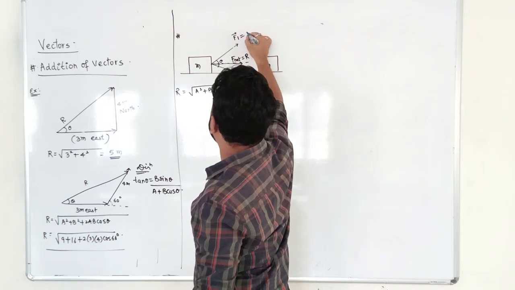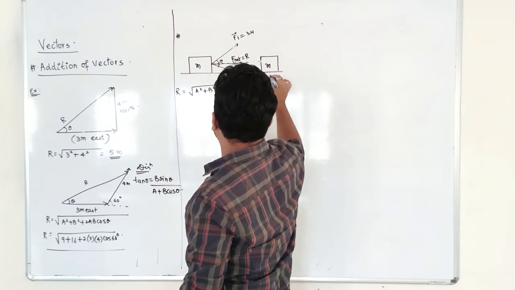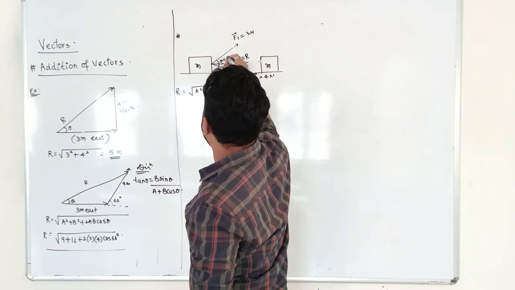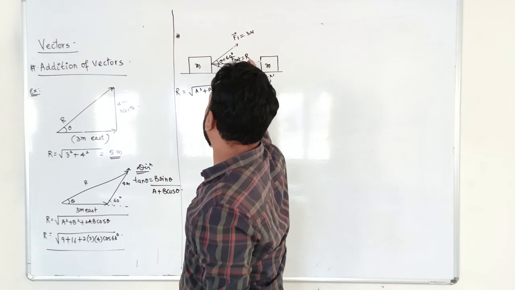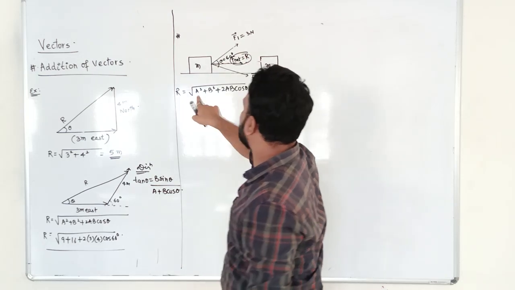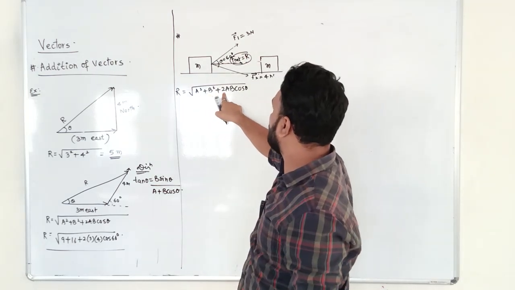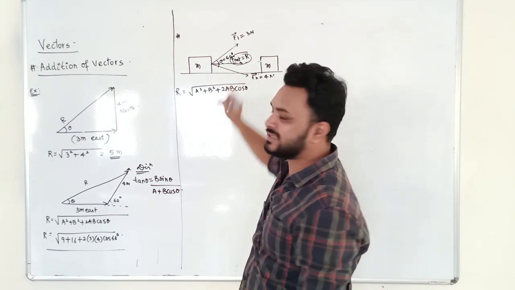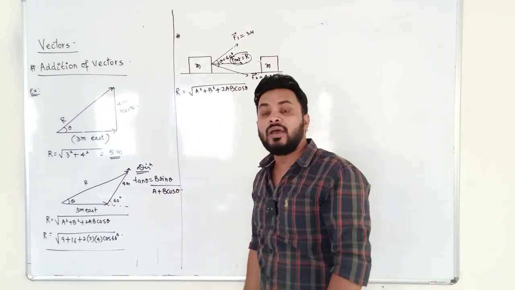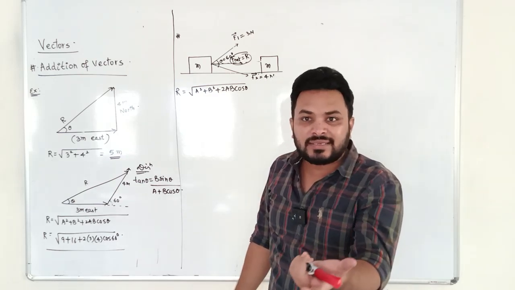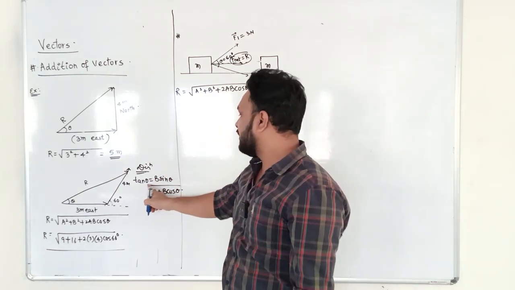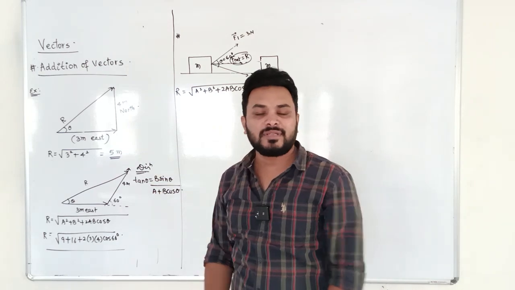Suppose F1 is 3 Newton, F2 is 4 Newton, and theta is 60 degrees. Then F net is 3 square plus 4 square plus 2 into 3 into 4 into cos 60. By this we will understand the resultant. To understand the direction, again tan theta equals B sin theta divided by A plus B cos theta.